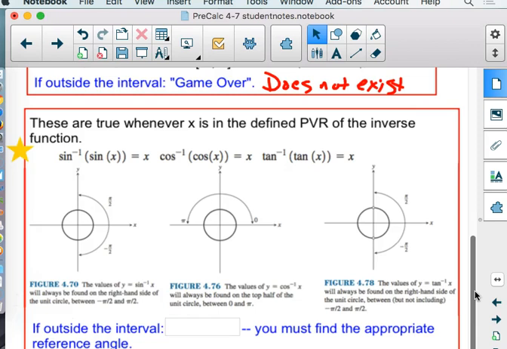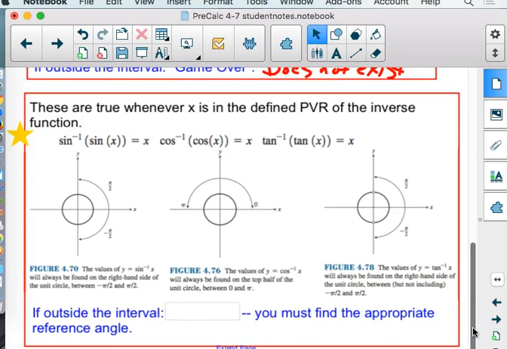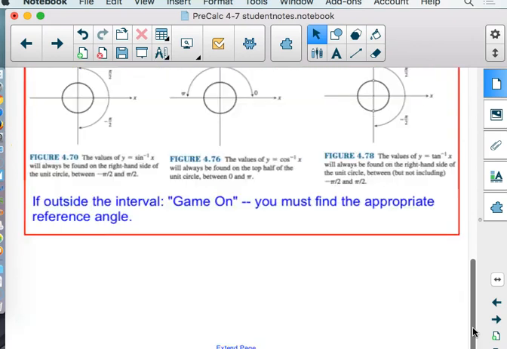So when we have to take that inverse sine, inverse cosine, inverse tangent as our last step, what we have to do is stay in the PDR, because we just got done showing those little graphs and realizing, okay, if I'm going to do inverses, they have to be in this PDR. So if it's outside the interval, and the last step that you're doing is taking that inverse, then you have to make sure that we're in that PDR. So that means you're not done with your work. You can't write does not exist.